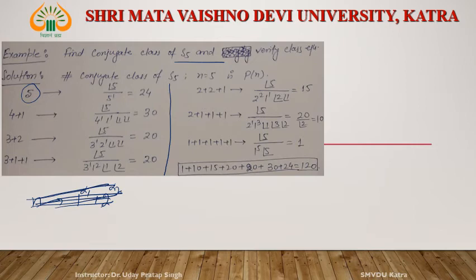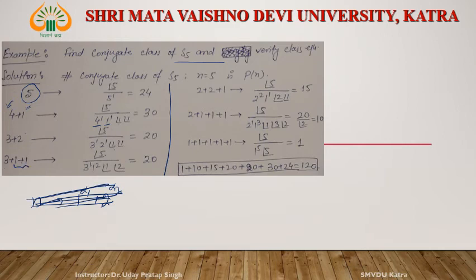Then all the elements in S5 whose cycle length is 4: factorial 5 over 4 to the power 1. How many times does 4 appear? 1 time. How many times does 1 appear? 1 time. Then 4 to the power 1, 1 to the power 1, factorial 1, factorial 1. 3 plus 2: factorial 5 over 3 to the power 1, 2 to the power 1, factorial 1, factorial 1. Then factorial 5 over 3 to the power 1, 1 to the power 2.